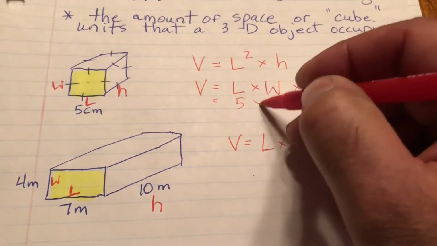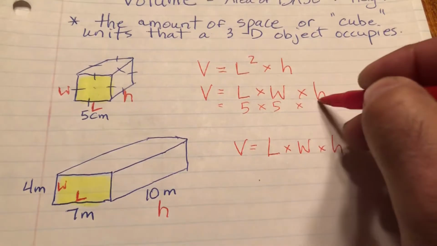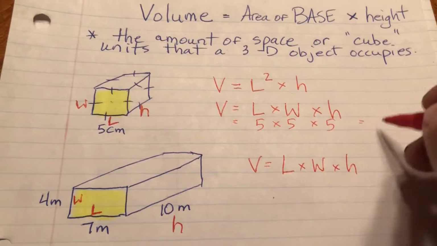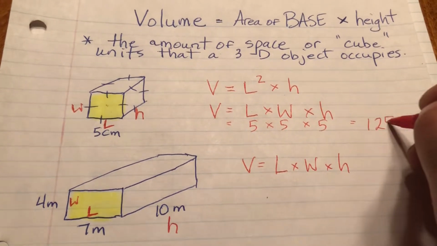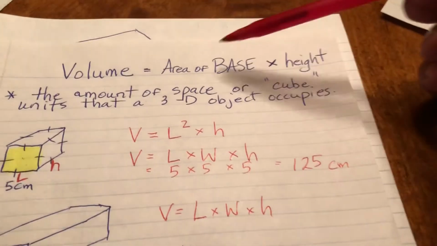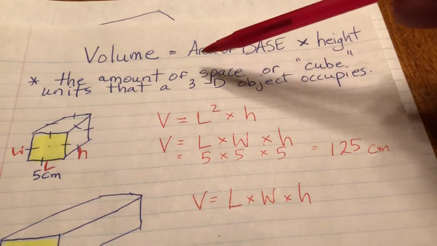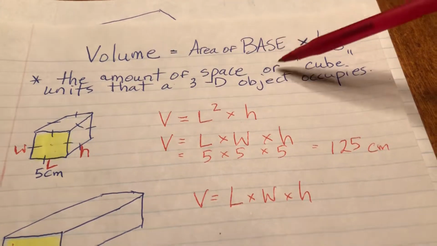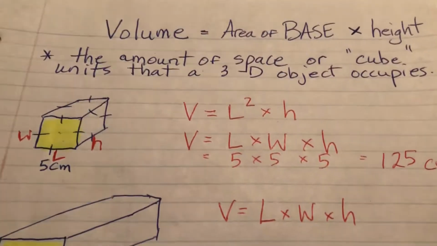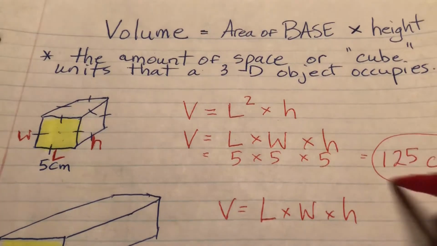It's 5 times 5 times 5, and that'll be our answer, which is 125 centimeters. And as it says in our definition, this is the amount of space or cube units that a 3D object occupies. So these units are cubed with a 3.